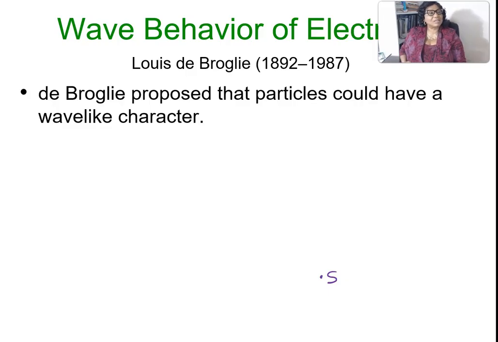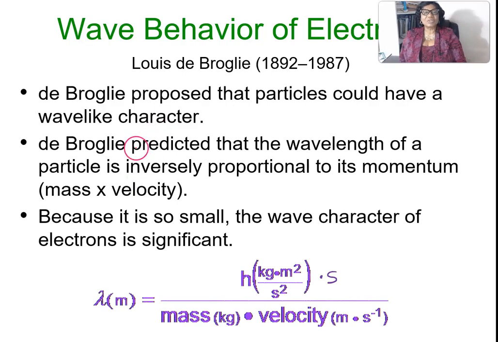So de Broglie came up to try to explain why this will not work. He said particles could have wave-like character also, even though they are particles. De Broglie predicted that the wavelength of a particle is inversely proportional to its momentum, mass times velocity.